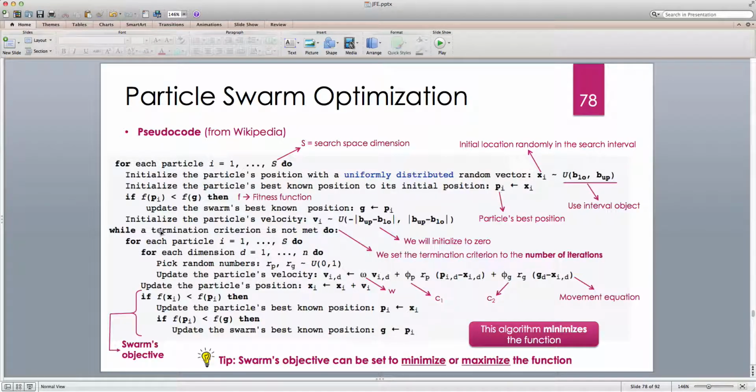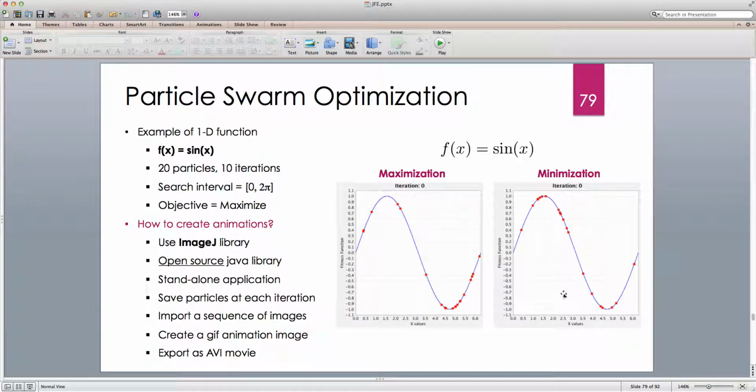And we took this algorithm or pseudocode from Wikipedia, and we implemented this exactly in Java, which was extremely easy, following object-oriented programming. And then we had some examples giving us a very nice intuition of how the particles search the space, move in the space, and how they in fact converge to an extremum, a maximum or minimum point.